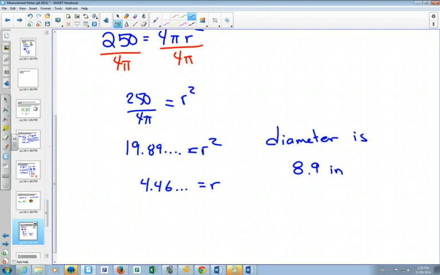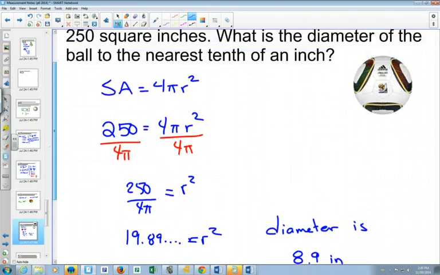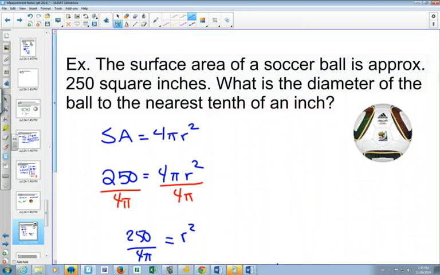8.9 inches. Another thing I always check in a question is whether they're using the same unit throughout. Because as you get into questions throughout, notice we're dealing with inches when we talked about surface area, and our answer was inches, no problem.